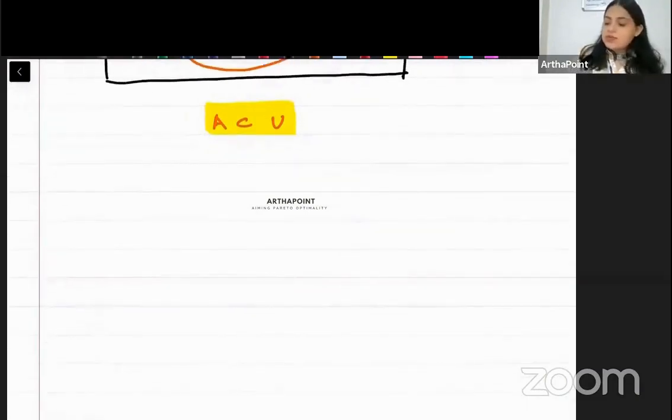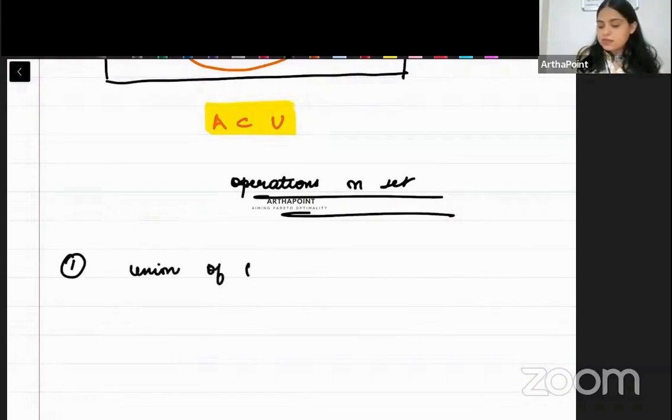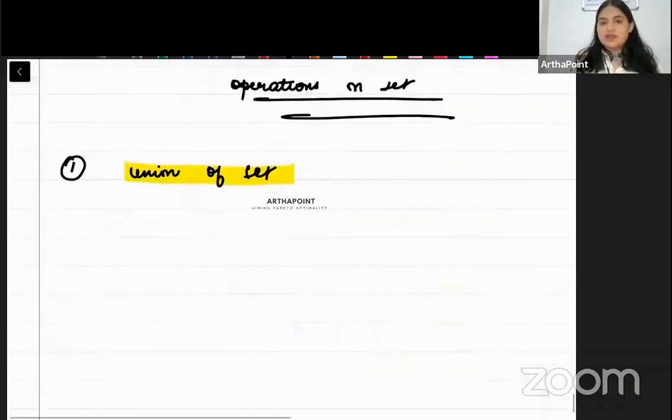Now let us do some operations on set. In order to perform operations on sets, we need to understand some basic things. The first thing is called the union of sets. So let us try to understand what is union of a set.